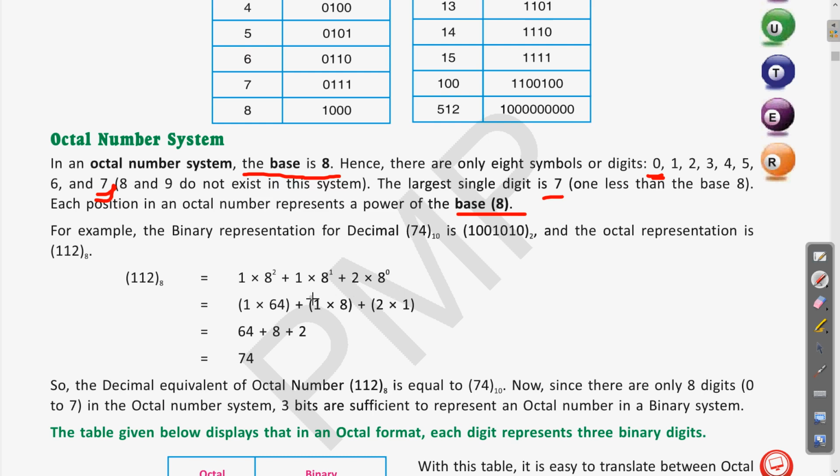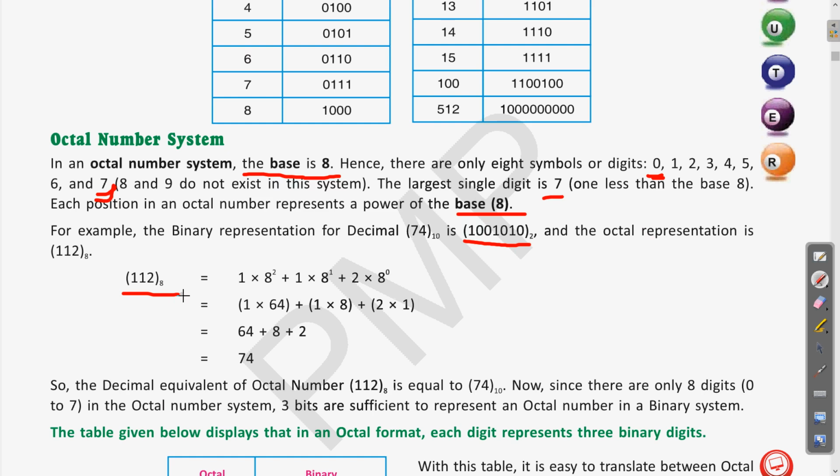Here, for example, the binary representation of the decimal 74 is 1001010, and the octal representation is 112 base 8. So here we are going to see how we are going to convert this octal number 112 into decimal.